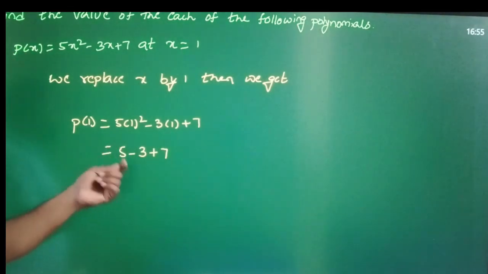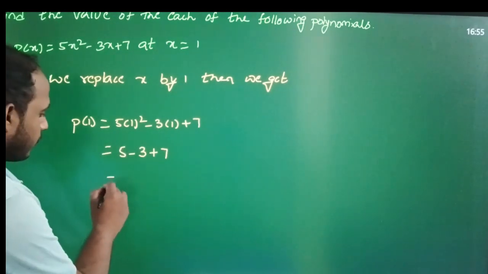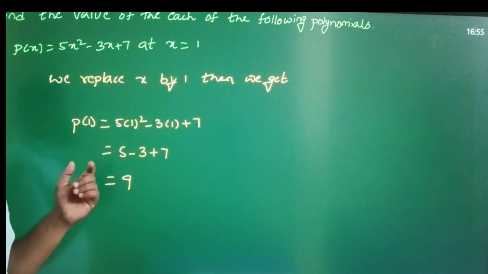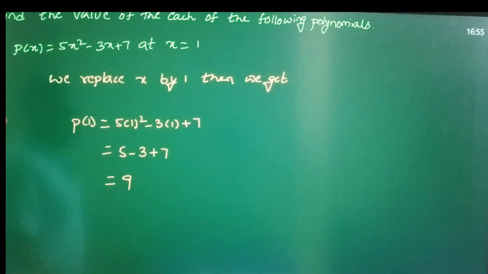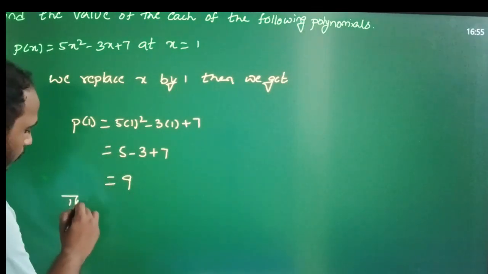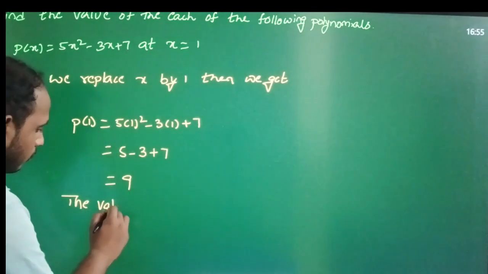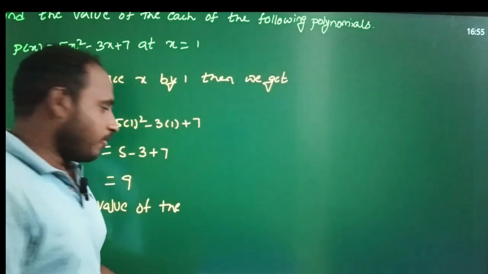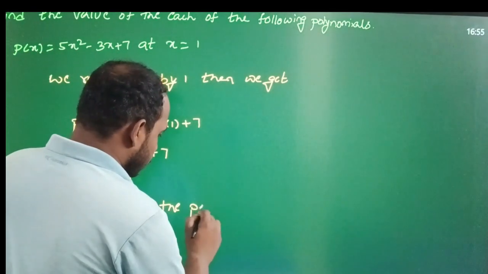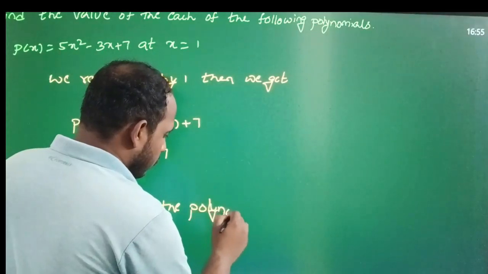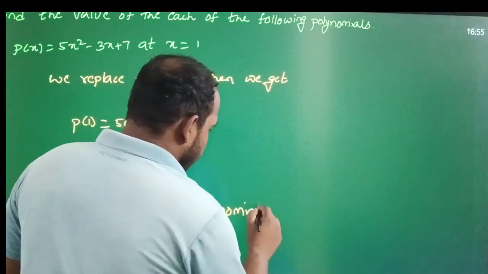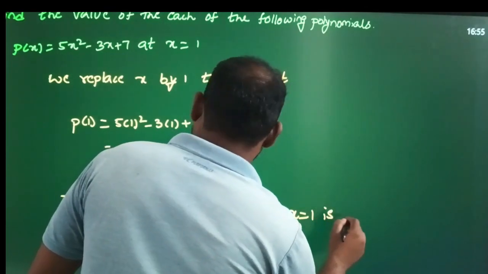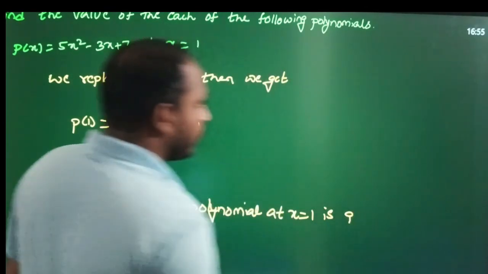Here 5 minus 3 is 2. 2 plus 7 is 9. Here the value of the polynomial at x equal to 1 is 9.